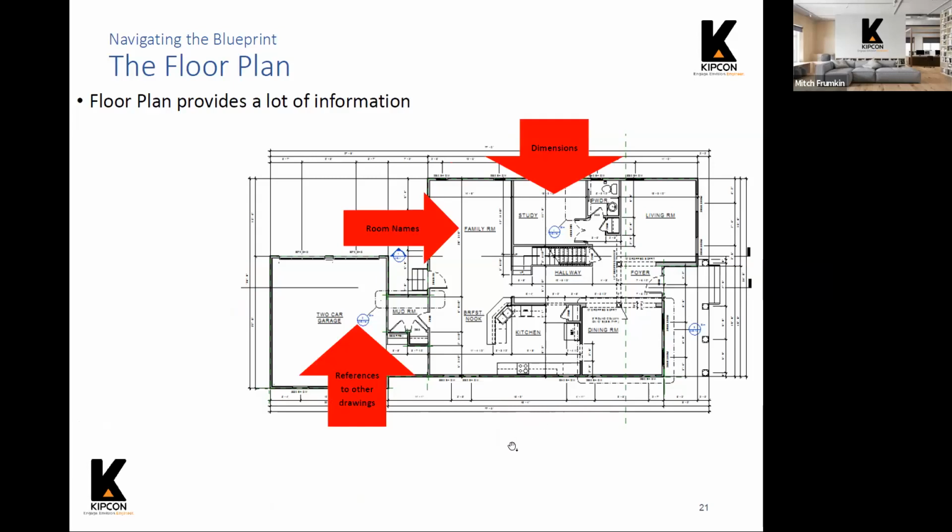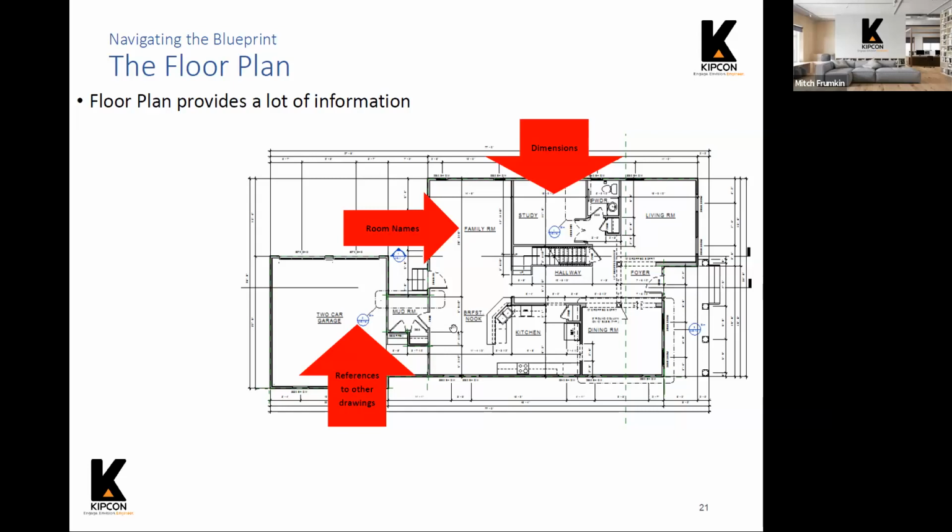So the floor plan shows us information such as where each room is located, and the dimensions. You see there's overall dimensions for the outside of the building and room dimensions for the inside of the building. Also, you'll notice those same sort of bubble areas, those call outs that refer you to other portions of the plan set for more detail.